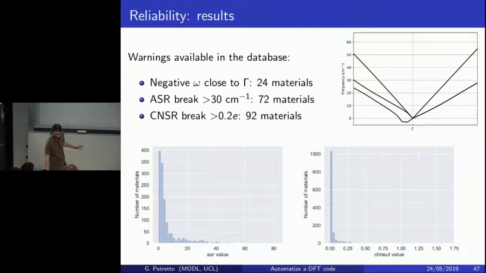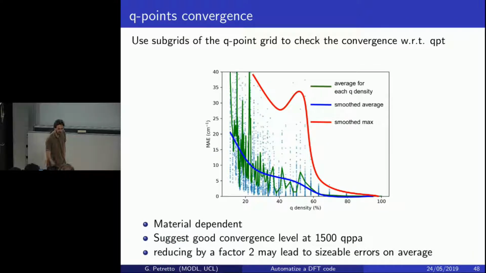We try to point out those for which it might be too large, and so if one is interested, they would probably need higher cutoffs or stricter parameters. And then finally we also looked at the Q-point grids, to see if our convergence study was fine.